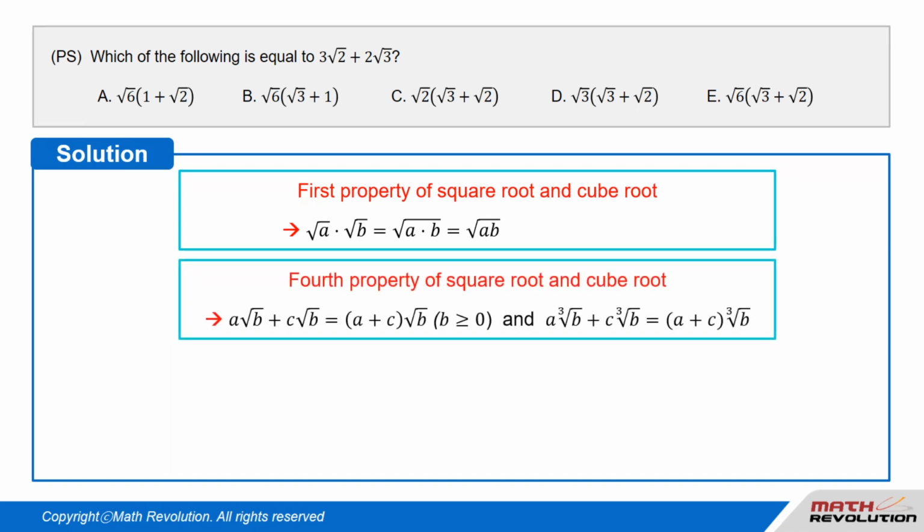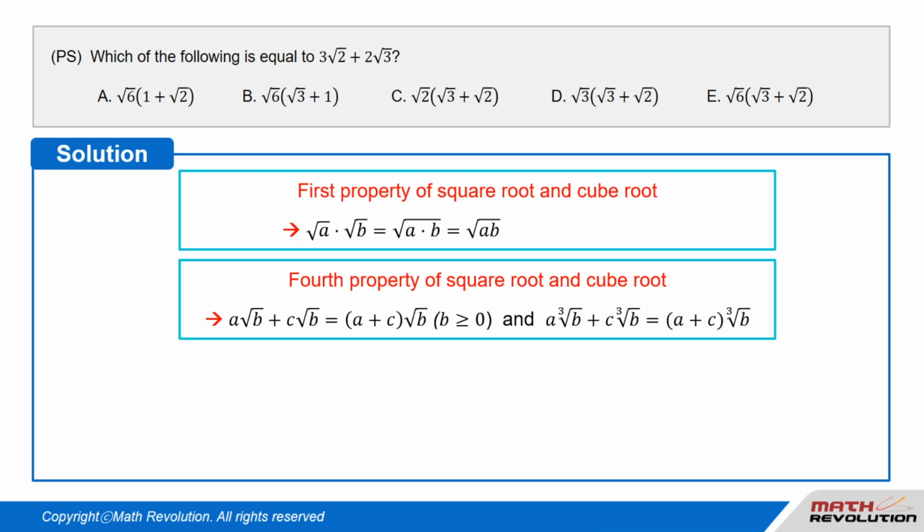Let us talk about the fourth property of square root and cube root. This property is also known as the distributive property. If two roots are in the form of a product of a root and a real coefficient, then the addition or subtraction of the roots is the product of the root and the sum or difference of the coefficients.